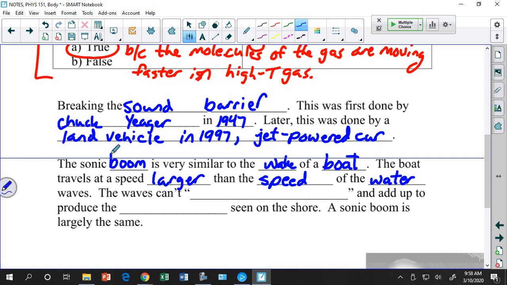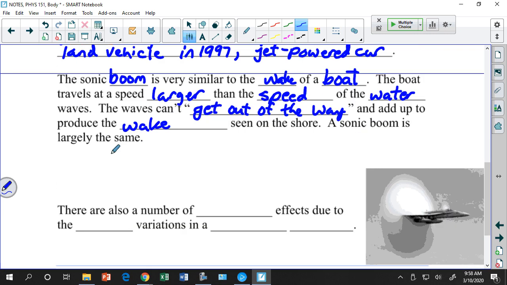And so the waves can't get out of the way, basically. And they add up to produce the wake that's seen on the shore. And that wake is bigger than any individual wave because they've been sort of collecting up upon one another. And so a sonic boom is largely the same.